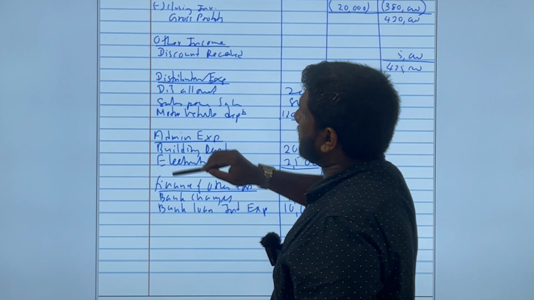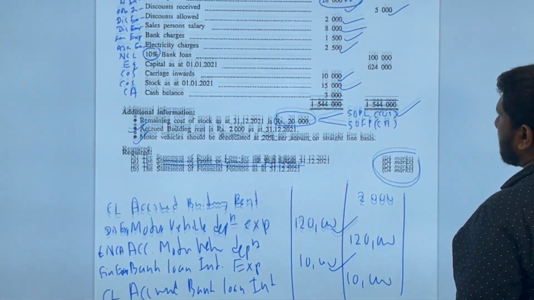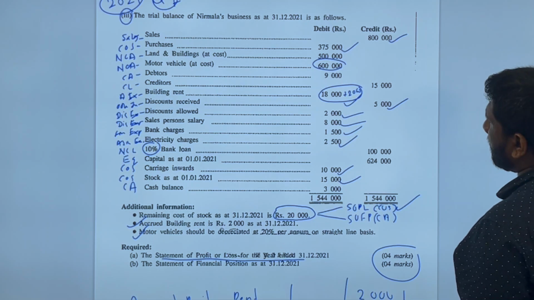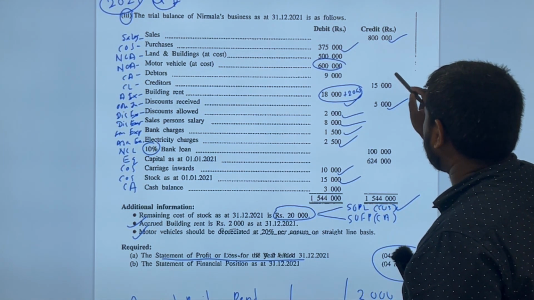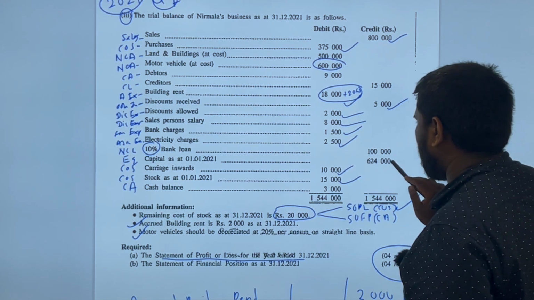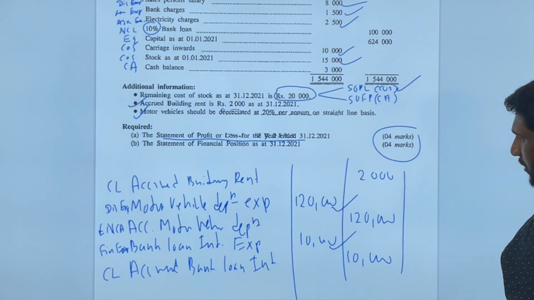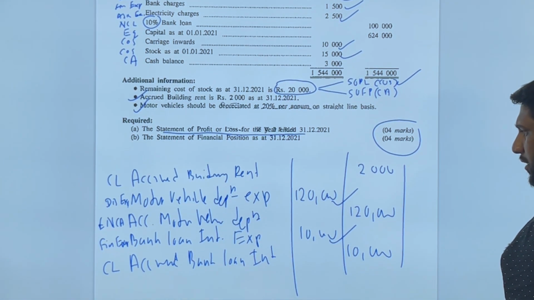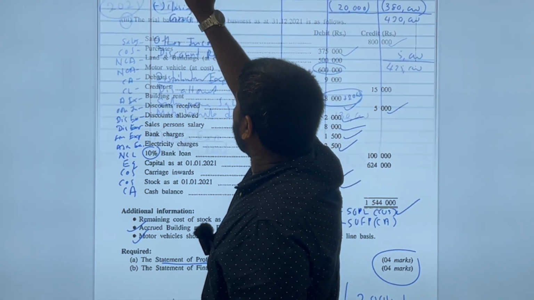So let me check whether we took all the values. Here 500,000, debtors, this amount is also done. Everything is done. Now we can finish the income statement.